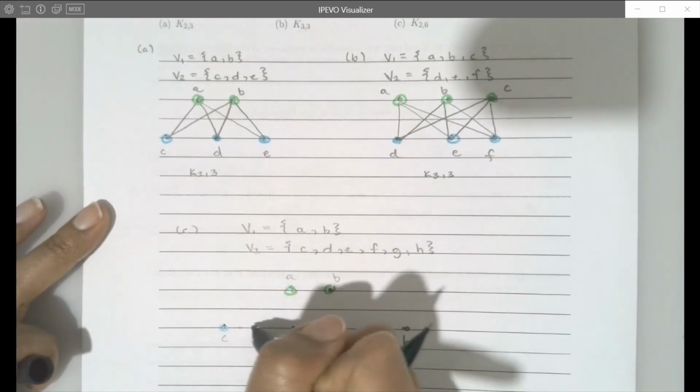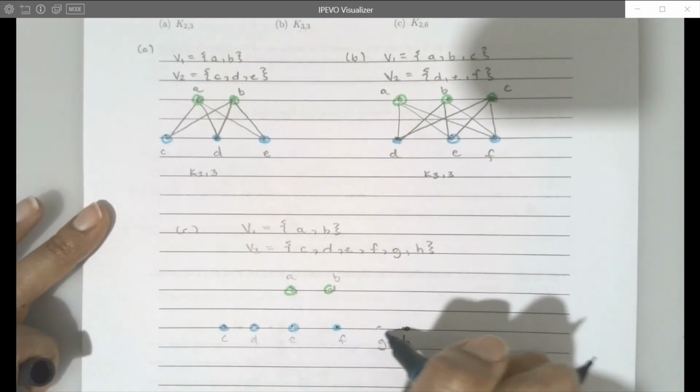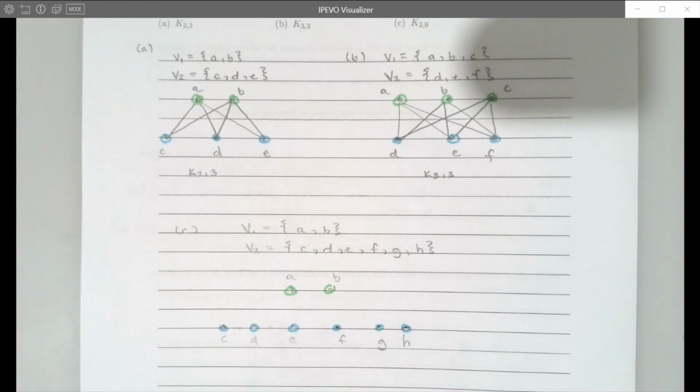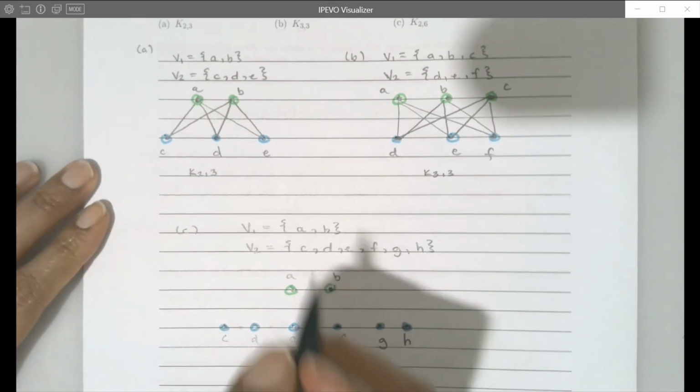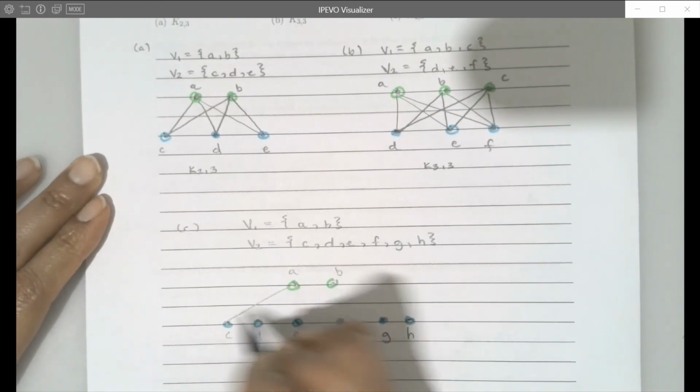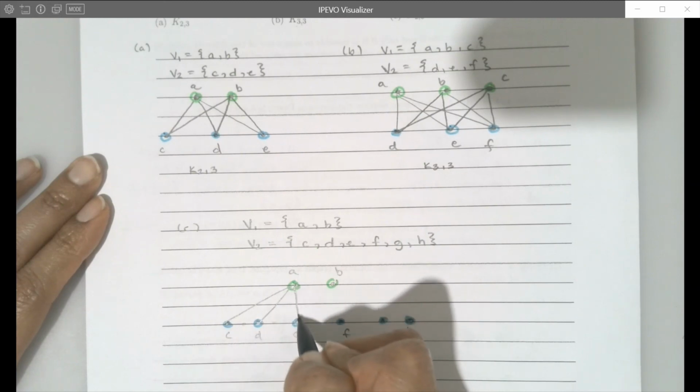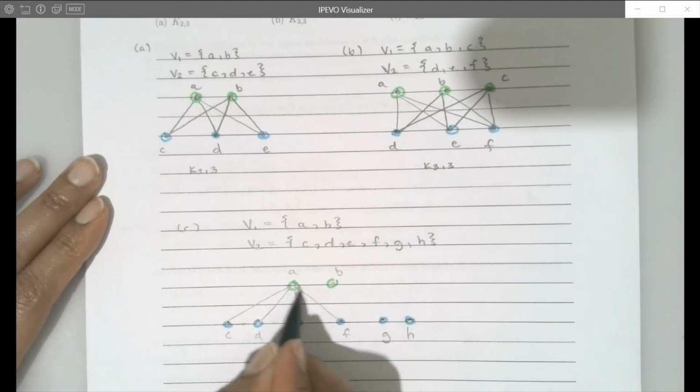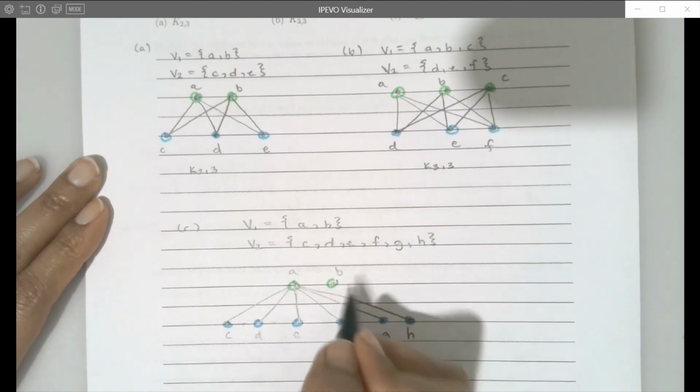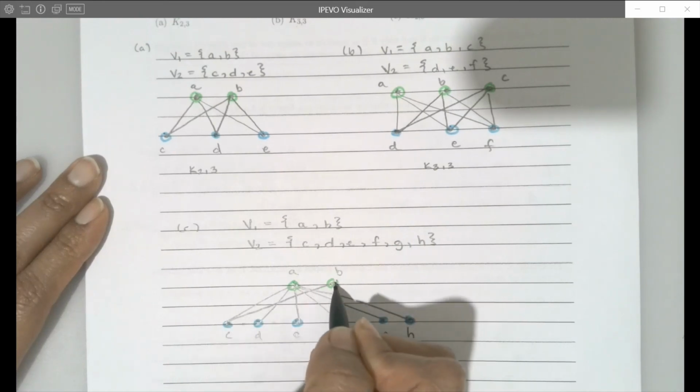And the rest will be blue nodes. Okay. So then for A, there are 6 possible edges. And for B, there will also be 6 possible edges.